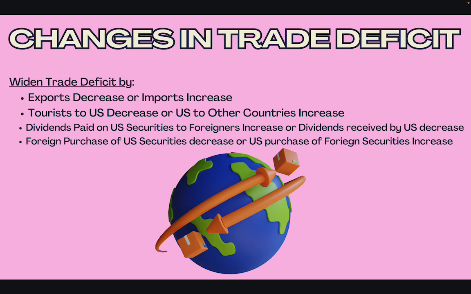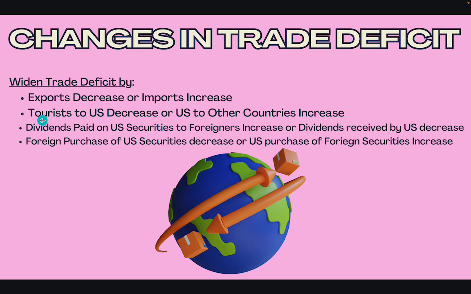Makes sense. Here's another way that we widen. So remember, trade deficit is we're spending more than we're making. Okay? We're spending more than we're making. So if we're exporting less, we're selling less, and we're buying more, absolutely, that's going to increase the trade deficit.